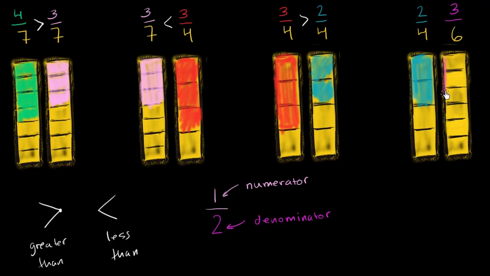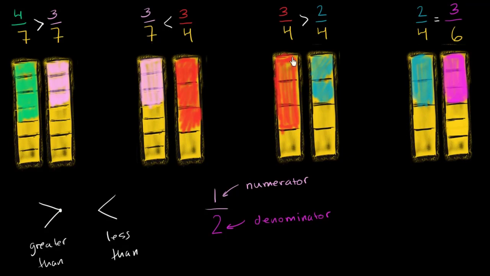We need to color in 3 of them. And as you see, we are coloring in the exact same amount of the whole. These two fractions are equivalent. And as you see here, they're both filling in half of the whole.